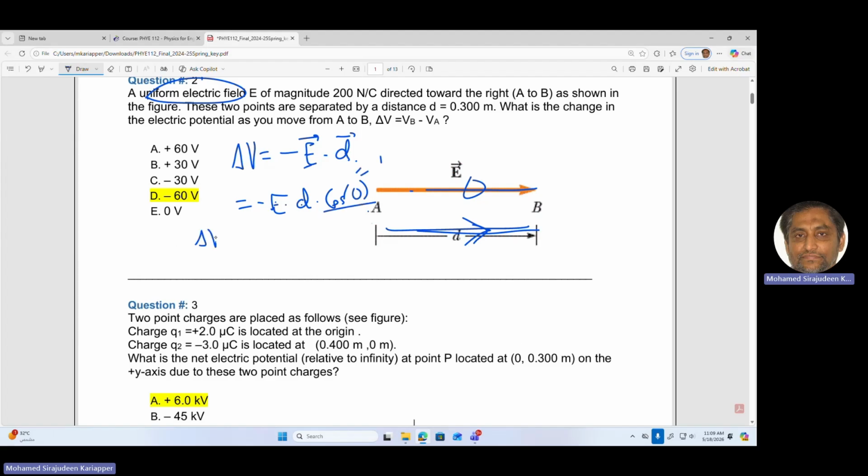So delta V will be minus, the minus is already there, E times D. All you have to do is just substitute and get the answer. E is 200, in SI units, always take care of the unit. D is also in SI unit, so we have no problem, and that will be this. Done.